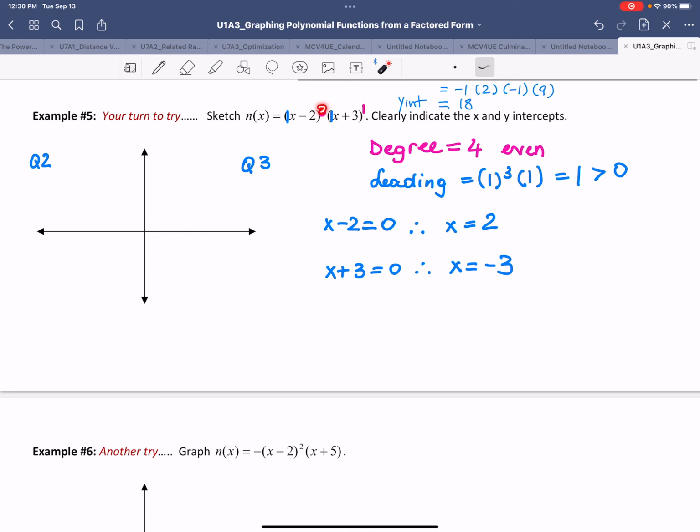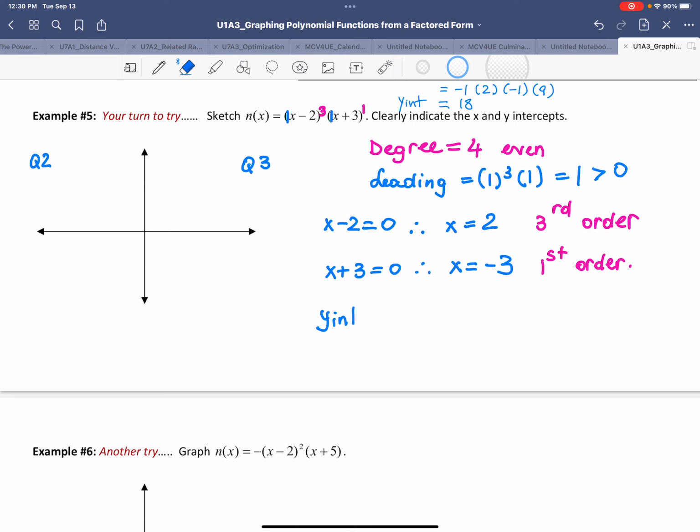The power is 3, so that means x = 2 is a third order root. And the power of the factor x + 3 is 1, which makes x = −3 a first order root.